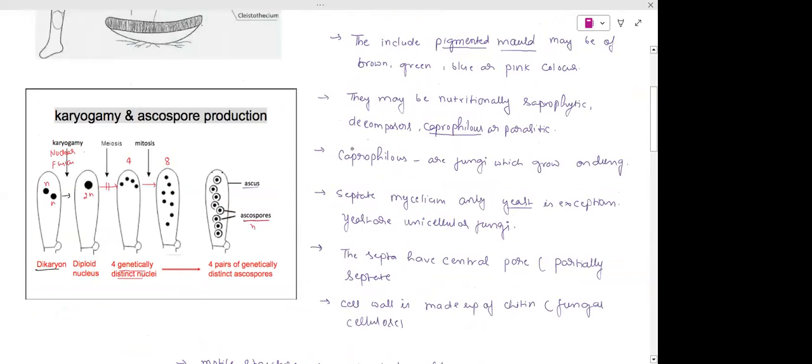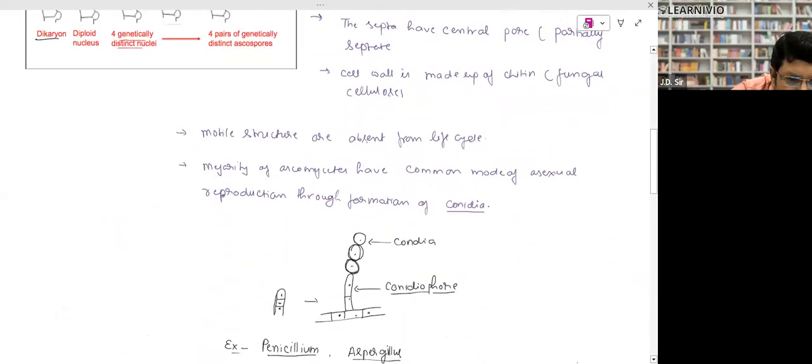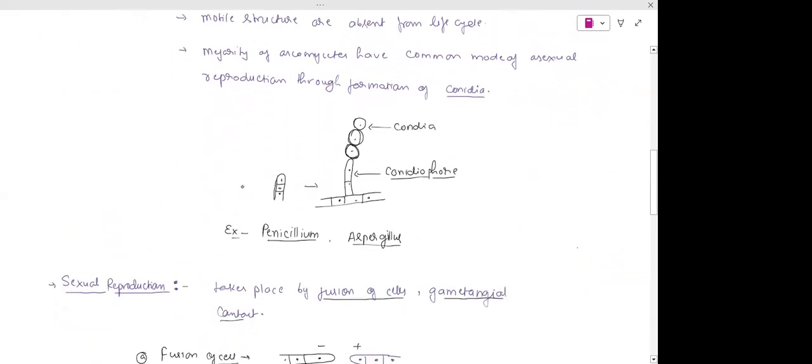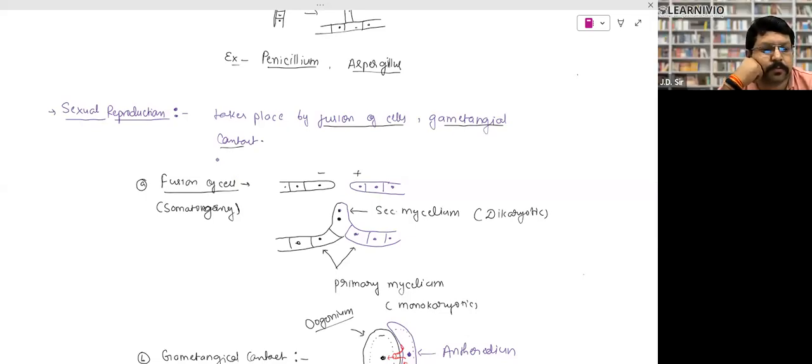Yes, can you slide down? Sorry, Shara, can you slide down? I need to write more. Yeah, the thing you wrote. Any doubt in this one?